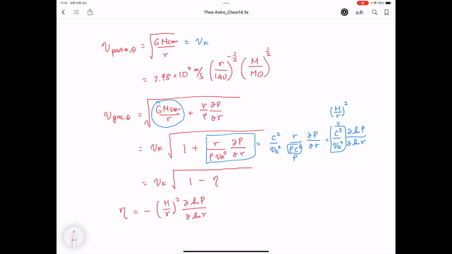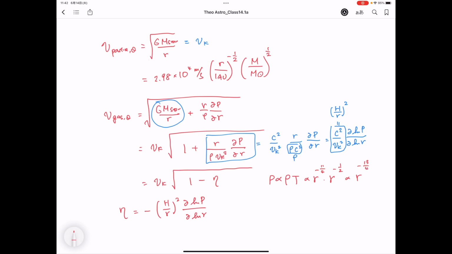In the Hayashi model, P is proportional to rho times T. The density at the midplane is proportional to r to the minus 11 over 4, and temperature is r to the minus 1 over 2. So this means P goes as r to the minus 13 over 4.